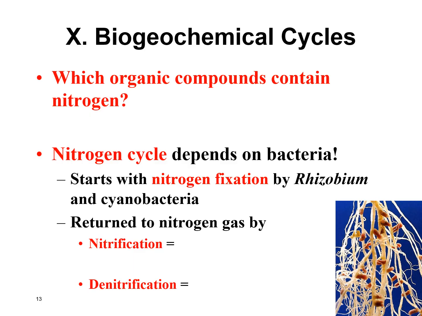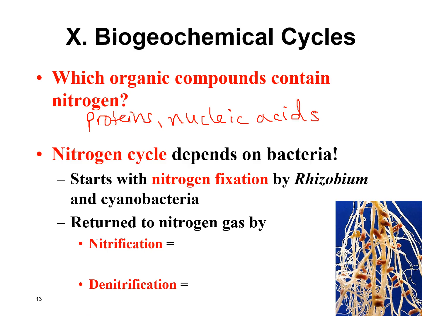Hopefully you remembered that proteins and nucleic acids both contain nitrogen, because proteins contain amino acids which have nitrogen in them, and nucleic acids, the nucleotides, have a nitrogenous base in them. So the nitrogen cycle depends on bacteria to happen.